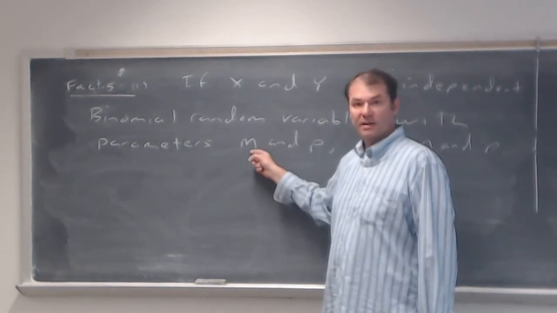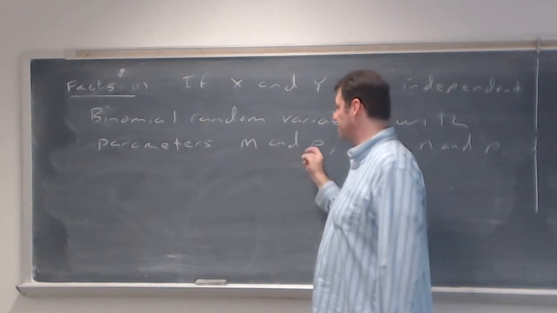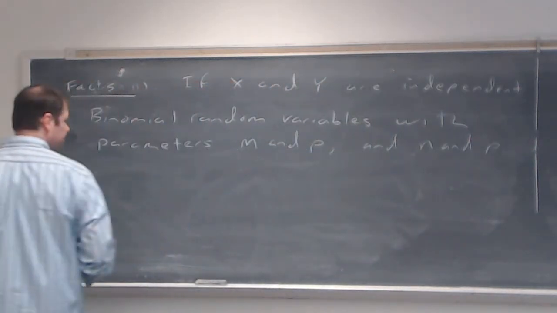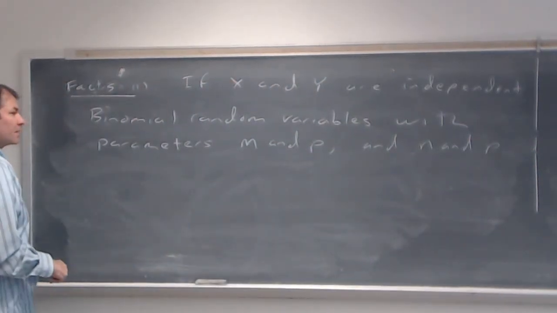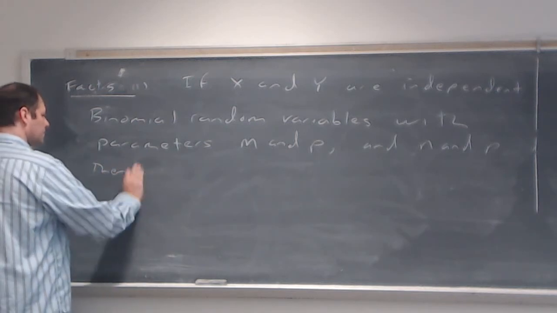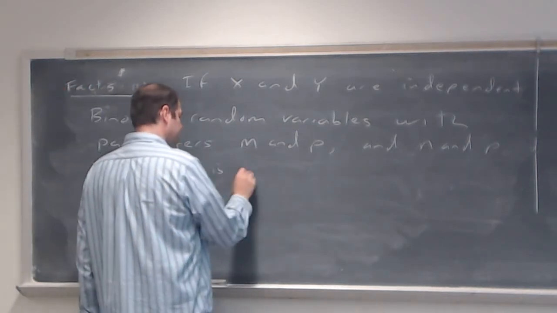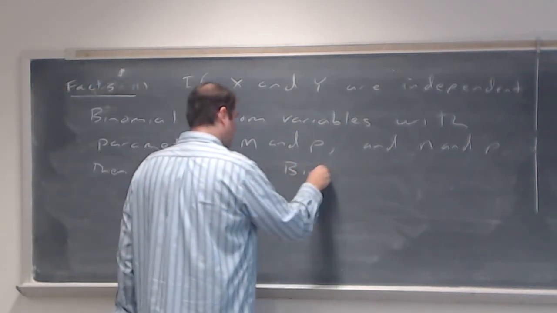The number of times you do the random experiment for X is m times, and the chance of success is p. Okay? They're independent. Then X plus Y is a binomial random variable.